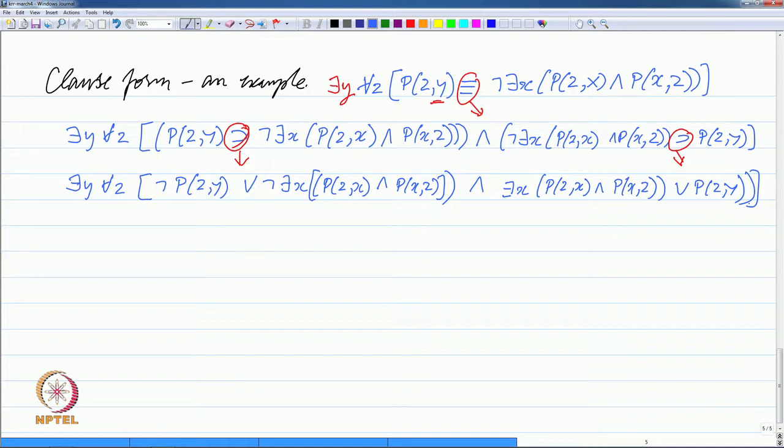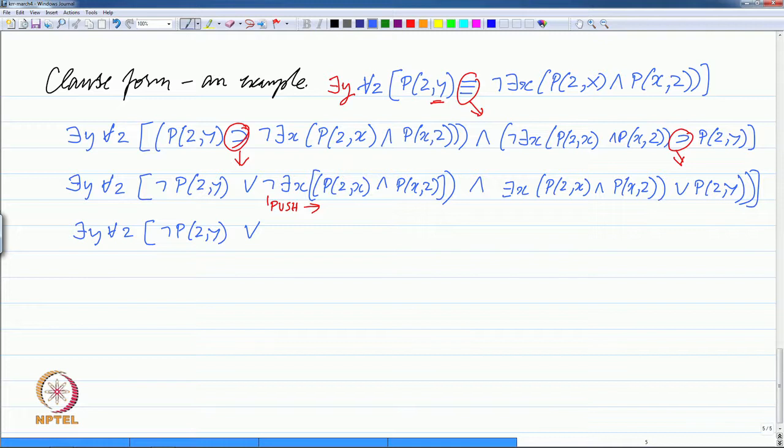Then we push the not inside, and that is only in the left hand side. So, let me rewrite that part. So, when I push the not inside, I will do both the things in one step.